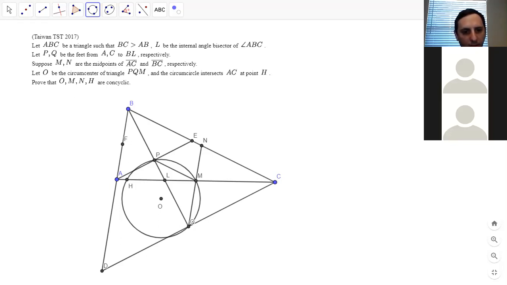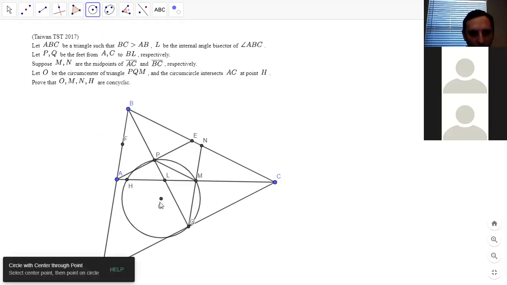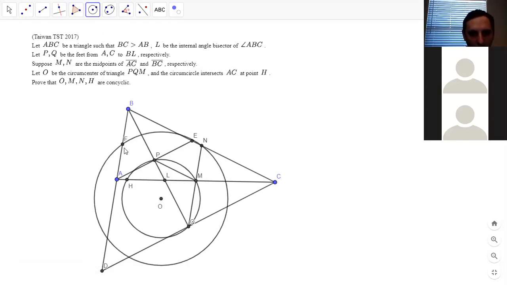So basically, we want to show the 9-point circle of ABC passes through O and H. I wonder if OFN is isosceles. Yeah, it looks like OFN is isosceles.